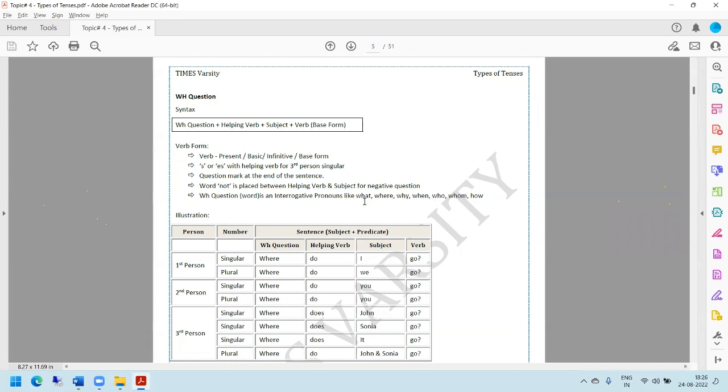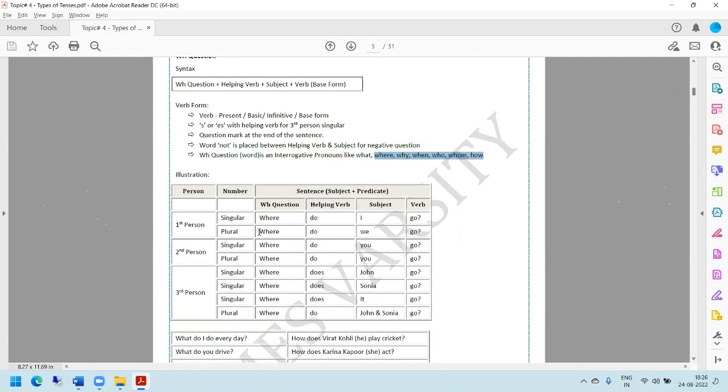All these are called interrogative pronouns, which make the WH question. For example, singular: you see the sentence is starting with the word where, which is a WH word, then helping verb, subject and verb. Where do I go? Where do we go? Where do you go?